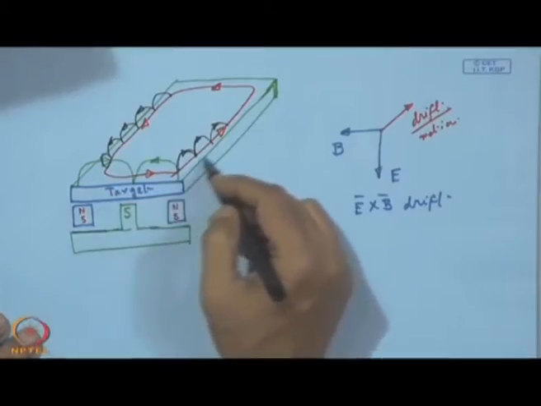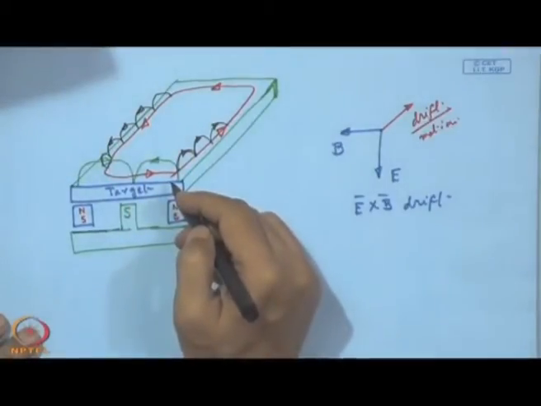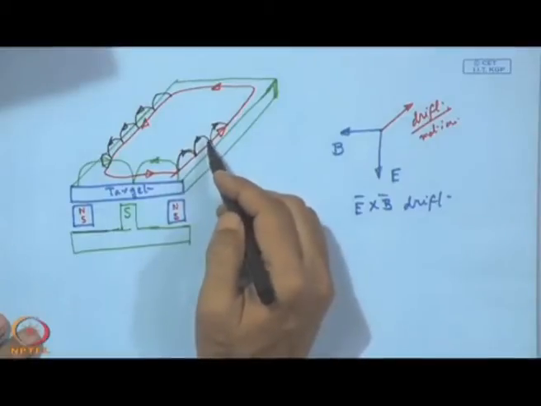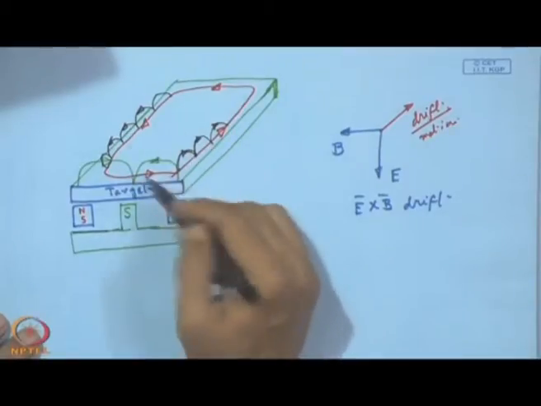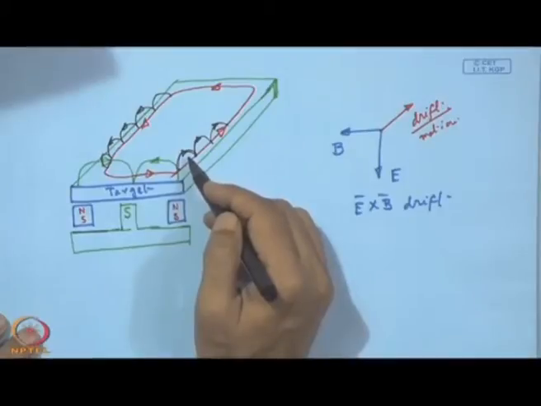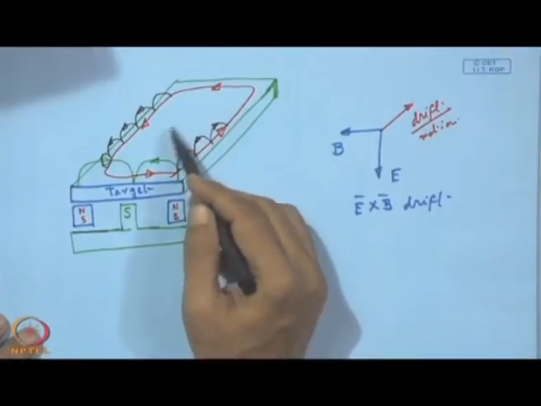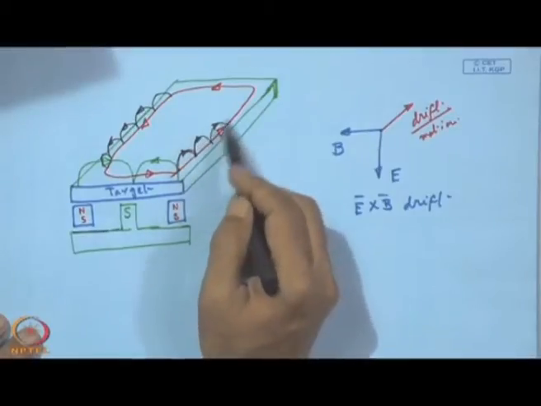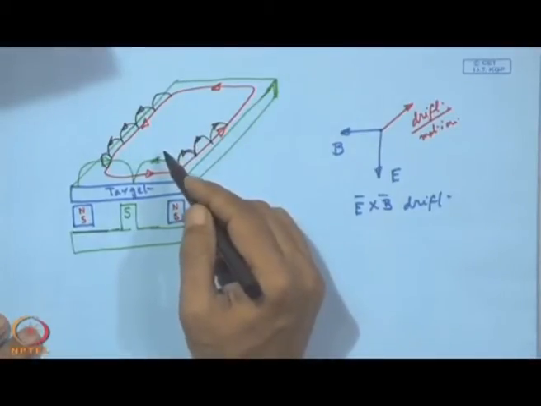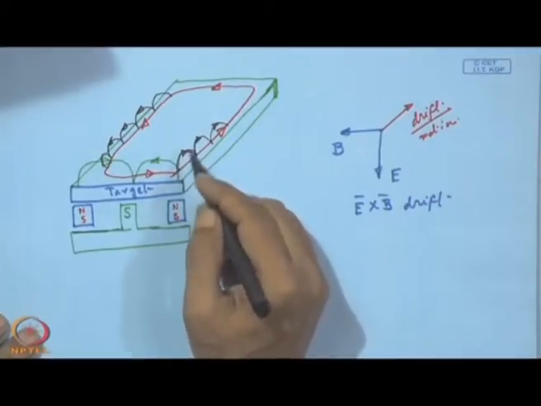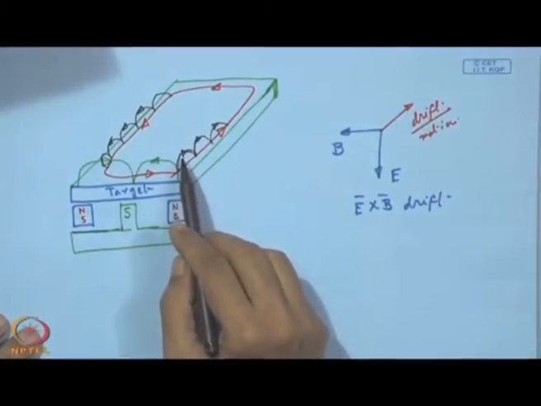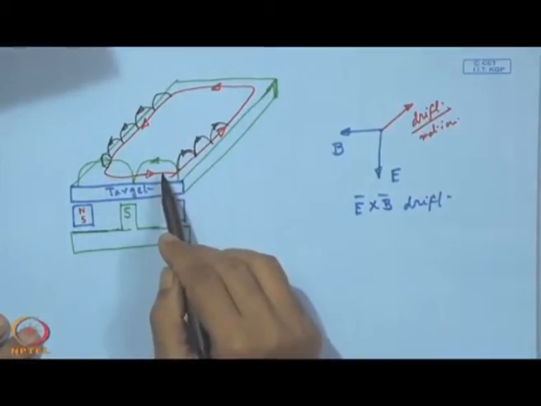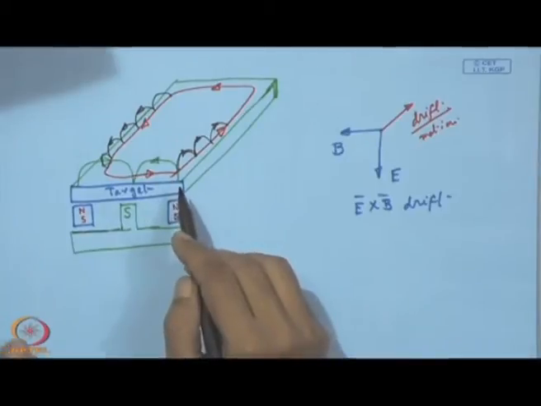Because of this locking of the electrons near this surface, we have a concentration of ions generated by collisions as the electrons follow this path, and more ions are generated by one single electron. There will be densification of the plasma, and that will have a cascading effect.